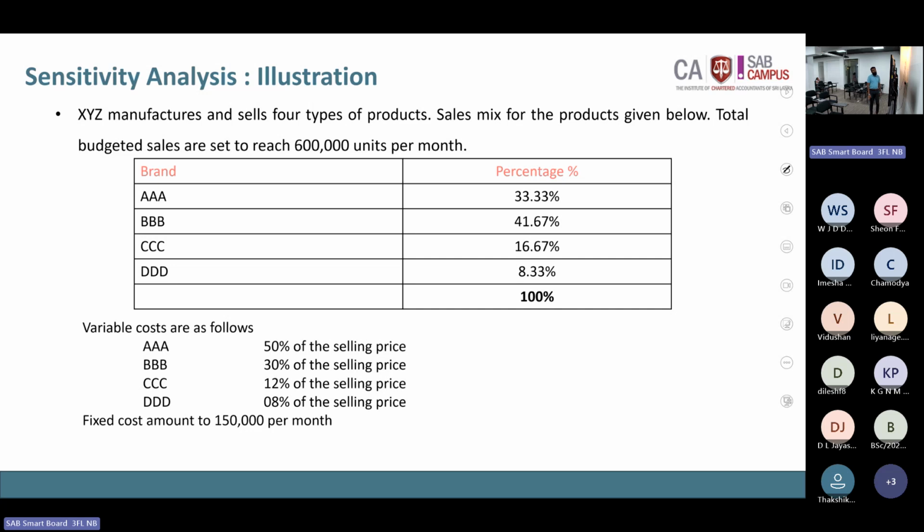XYZ manufacturers sells 4 types of products. Sales mix for the products given below. The total budgeted sales are set to reach 600,000 units per month.